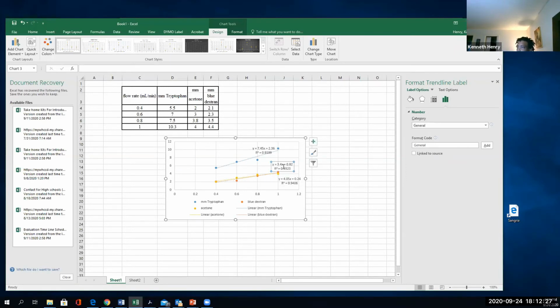Okay. So now I have my X, my slope, and my y-intercept, right? Piece of cake.